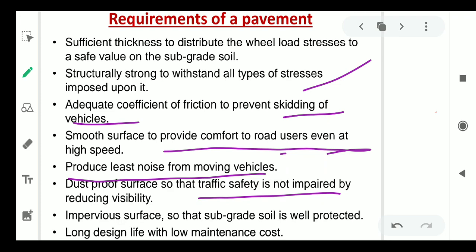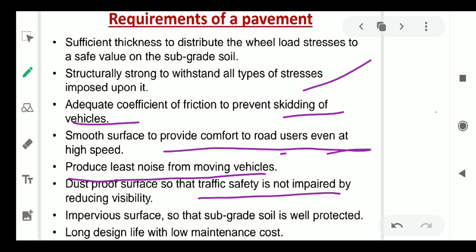Next one is impervious surface, so that the subgrade soil is well protected. This is also important. Impervious surfaces may be achieved by providing a proper camber and also the top surface material, so the water is not allowed to enter the pavement.